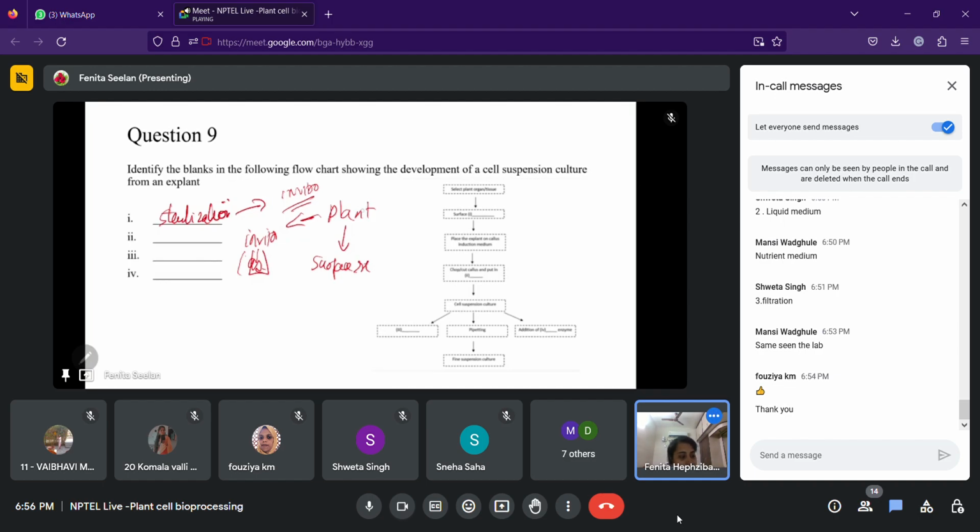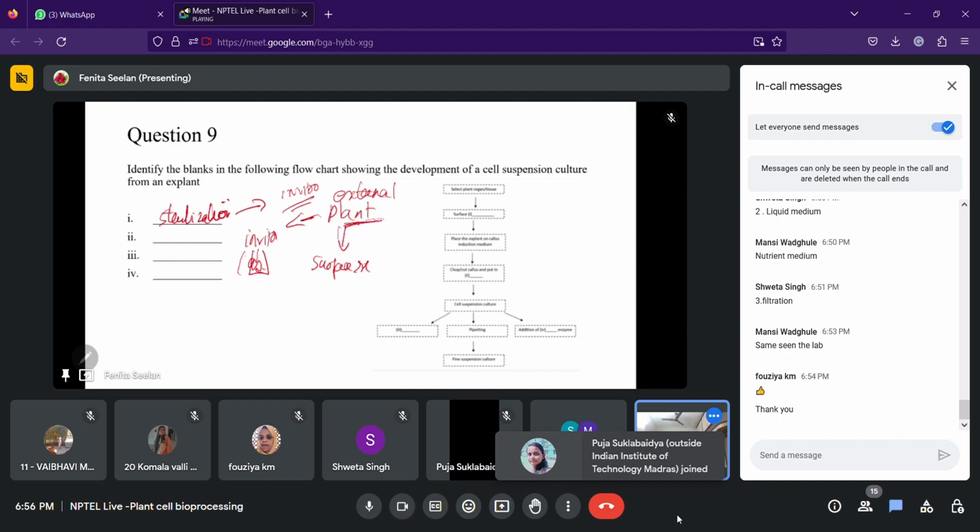Only if your plant is from an external source, be it a forest, your home, or outside your school or college, that plant is staying outside. So it is exposed to microbes from air, water, soil, everything. These external plants should be surface sterilized.